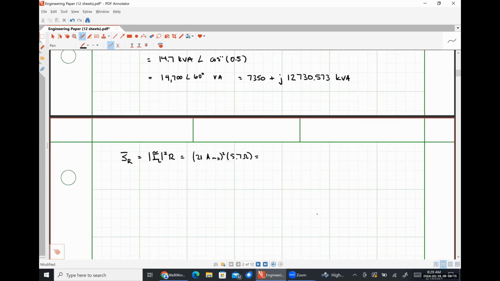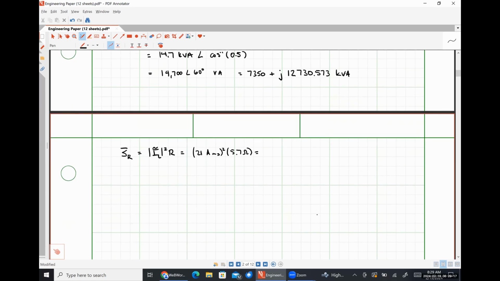Yeah. And that is 2,513.7 angle 0 degrees volt amperes, or 2,513.7 plus j0 VA in rectangular form.